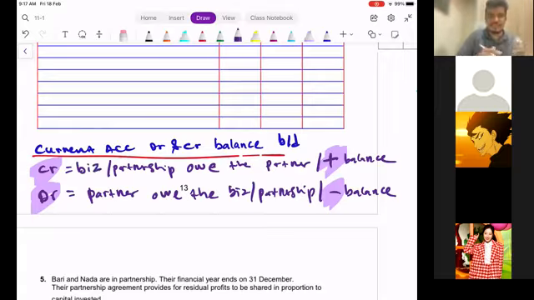BIZ means business, short form for business. Correct? You understand now? BIZ means business or partnership. Debit means the partner.